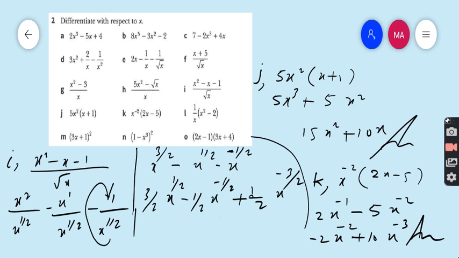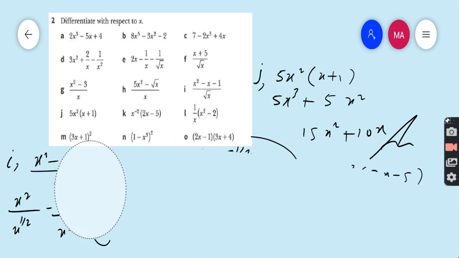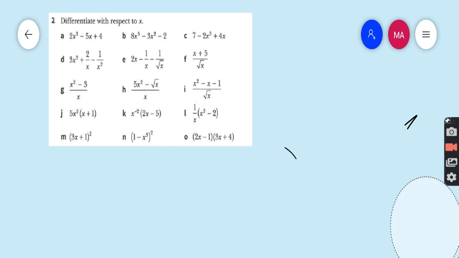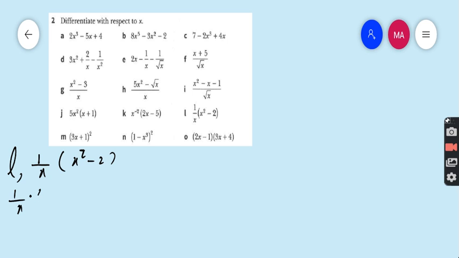Move to part L. 1 upon x into x square minus 2. 1 upon x multiplied by x square, minus 1 upon x multiplied by 2.